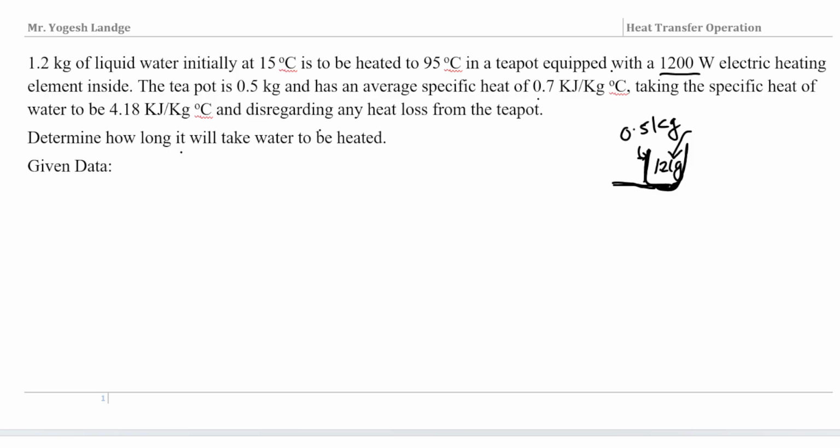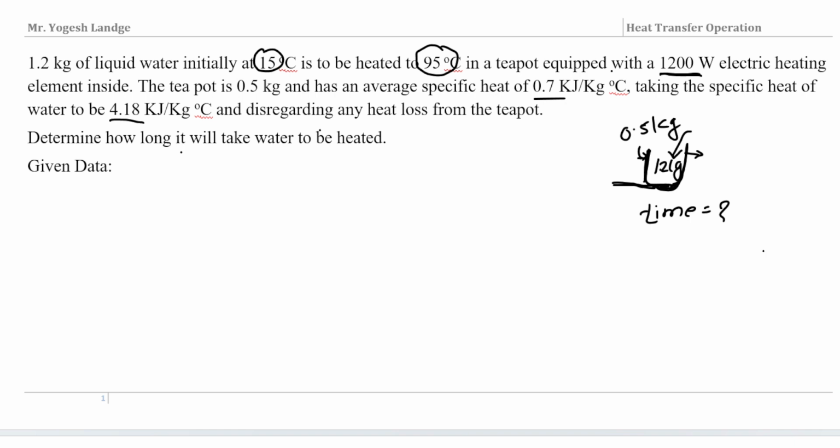The specific heat of the teapot as well as the specific heat of the water is given, disregarding the heat losses from the teapot. So we consider there are no heat losses from the teapot. And we want to know the time that is required by this electrical heater, which has a power of 1200 watt, to raise the temperature from 15 degrees Celsius to 95 degrees Celsius.